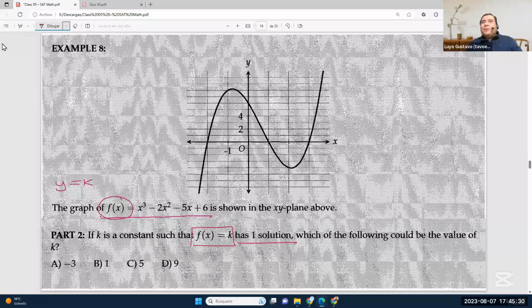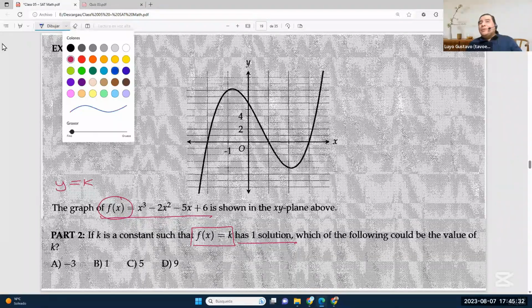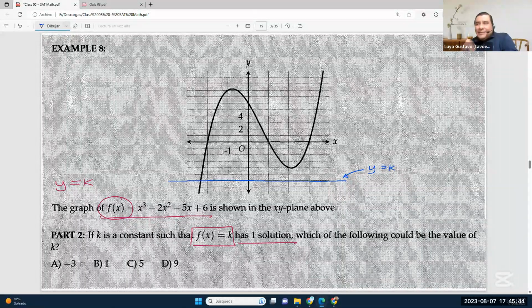Example, imagine that this is one possibility. If I have this as my y equals k horizontal line, clearly this line intersected with the curve of function f would only have this solution. This would be the only intersection point.